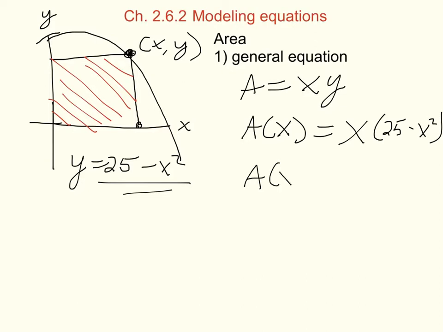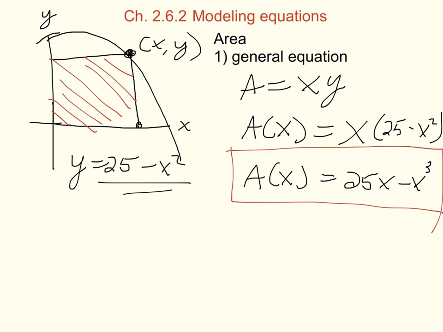Simplify that down, and we get A of x equals 25x minus x cubed. This is what you call your model, as we went over in the previous section. You can now use this to find the area of the inscribed square at any point x along the parabola.